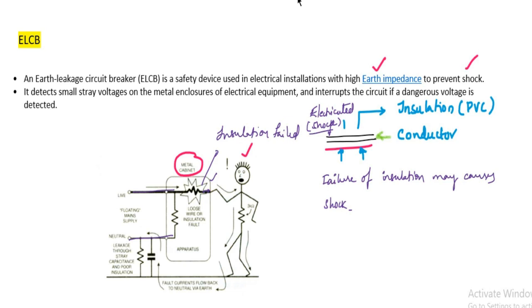Somehow this phase wire is in contact with the metal case. Now whenever any human or animal touches this metal box to turn on the motor or something, because it is a metal box, it will conduct electricity, and the current will flow from the phase wire to the human body and to the neutral.